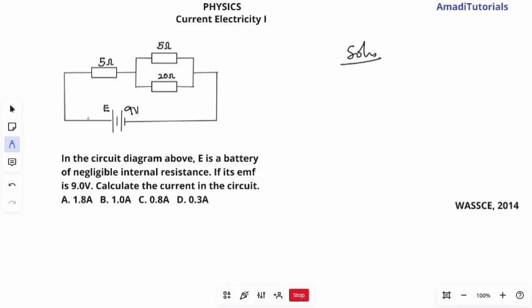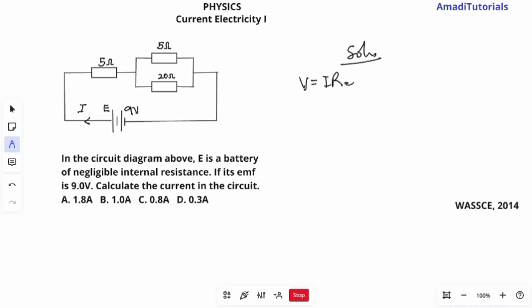So what we want to find out is the amount of current being drawn from the battery, or from the cell here. So let's use that to represent I. According to Ohm's law, voltage equals what? Current times resistance. What we are going to do is analyze the equivalent resistance of the circuit here.